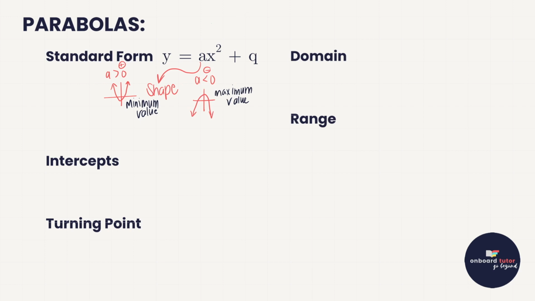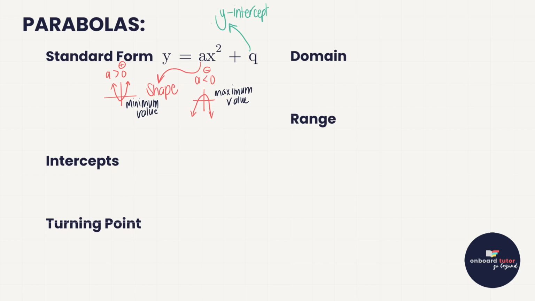And then the other important thing here is this q value, and that refers to the y-intercept of the graph. Basically where this turning point meets your y-axis, that's what the q value is. Now if you look at these little sketches that I've drawn, you'll see they cut the x-axis and the y-axis, and so those are called our intercepts.